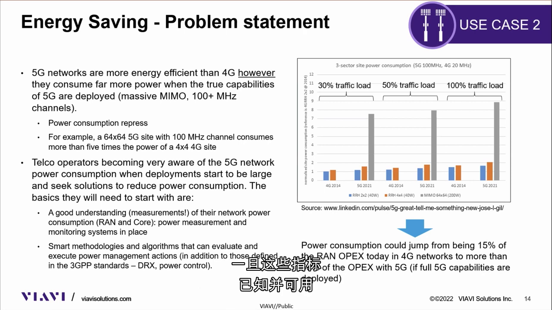And then once those metrics are available, the RIC can use some smart methodologies and algorithms to decide when power management actions, in addition to those already defined in the standards, can kick in. A simple example would be turning off a cell during quiet hours and saving huge amounts of energy. So this is an area where I think we'll definitely see early movement when it comes to xApp development for RICs.